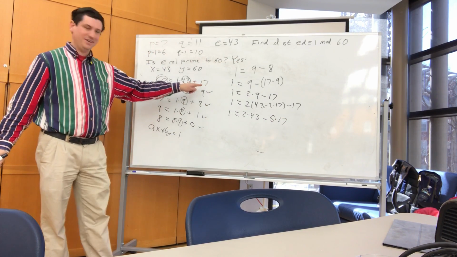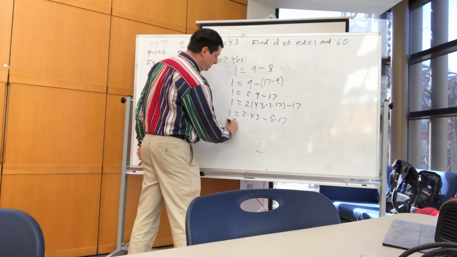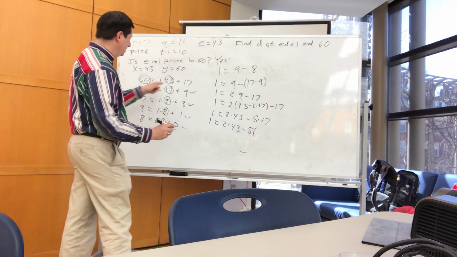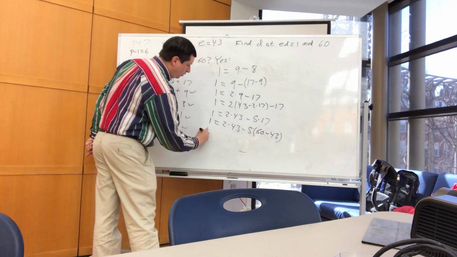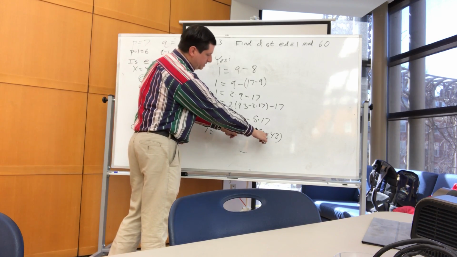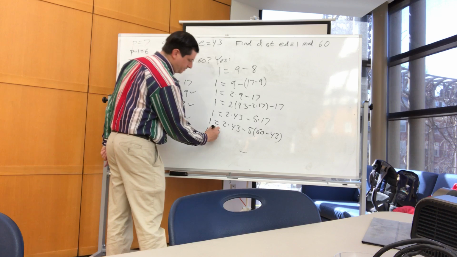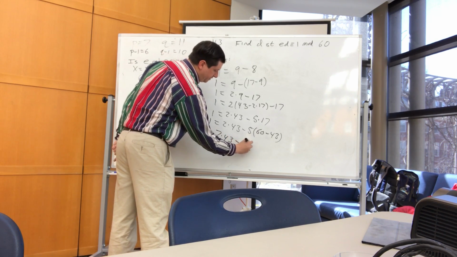Now I come up over here, I have 17, I can write as 60 minus 43. So I get 1 is equal to 2 times 43 minus 5, and 17 is going to be 60 minus 43. So I've got a minus, and a minus is a plus 5, so it's going to be 7 times 43, and then minus 5 times 60.